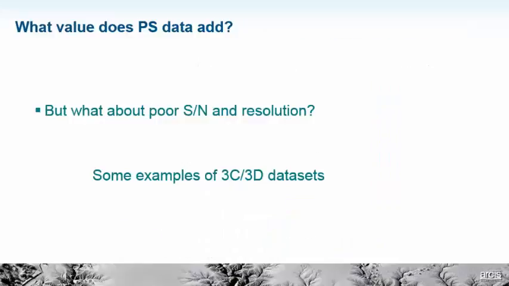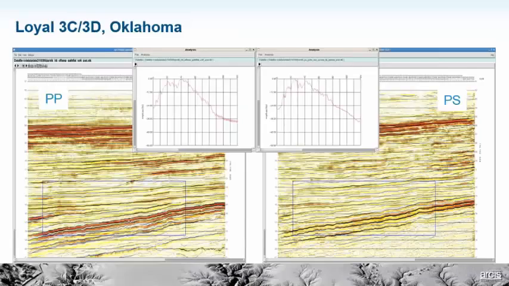Moving on. So what about these hard knocks against the PS data? These are the two things people complain most often about on PS data: its poor signal to noise and resolution. Well, let's just look at some 3C examples. Once again, here's this Lloydminster example.